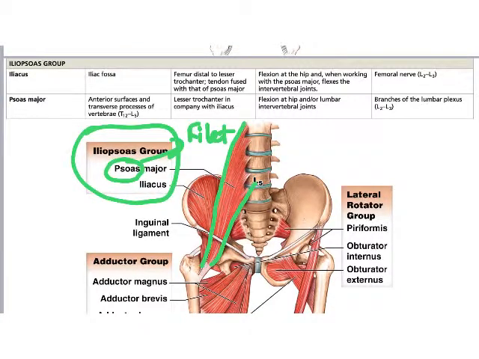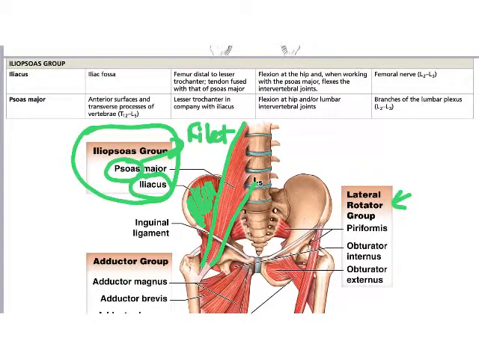The other muscle is the iliacus, and that should again be easy to remember the name and easy to identify because it's a very broad muscle that really lies right across that iliac fossa. Okay, on the left side here on this picture, we get what's called a lateral rotator group, and again, it tells you exactly what it does.